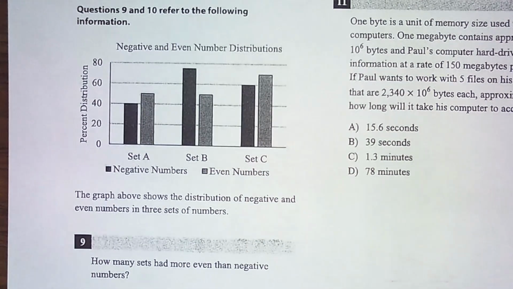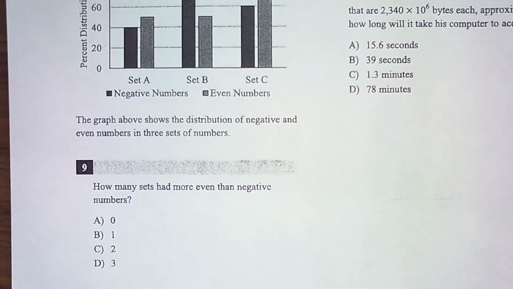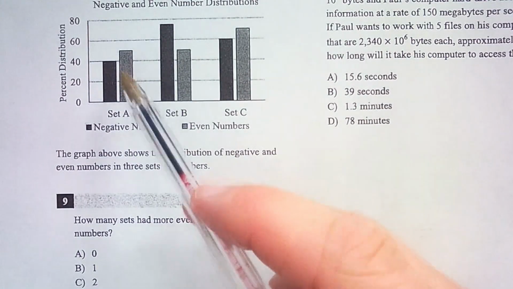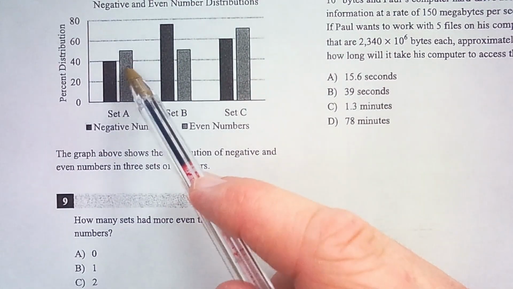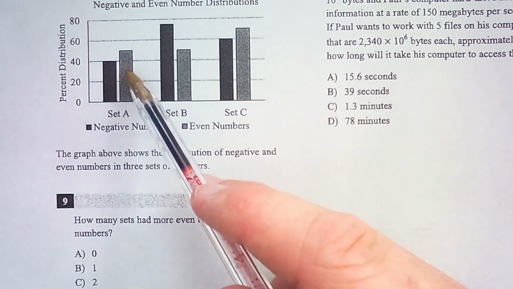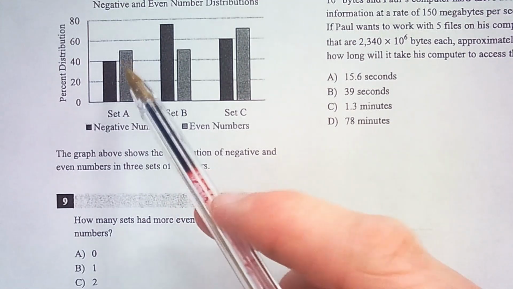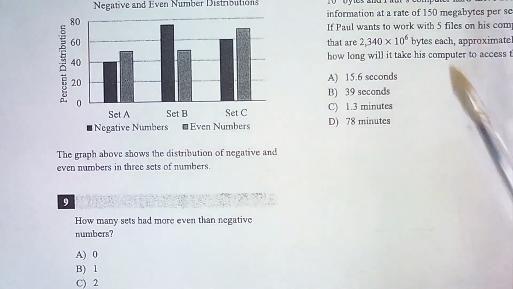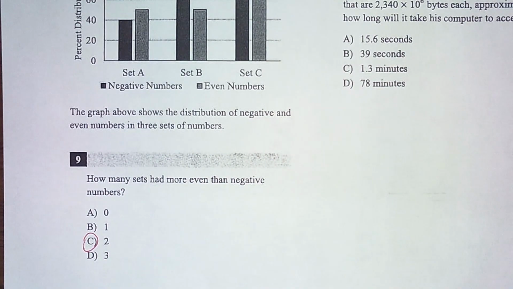Okay, so how many sets had more even than negative numbers? So even is gray, so if that bar is bigger than the dark, then that set had more even than negatives, and it looks like that happened in set A and C, so that's 2 of the 3 sets had more even than negative numbers.